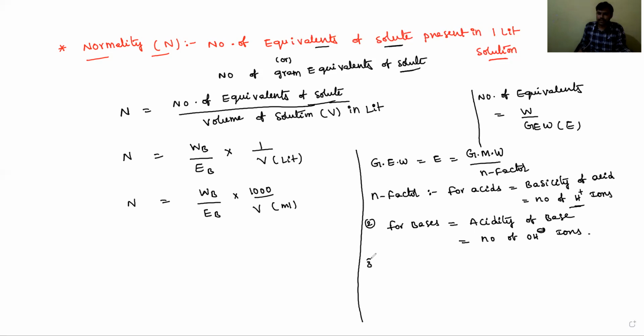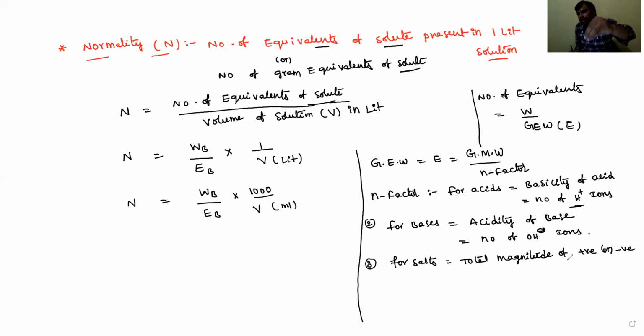Okay, and for salts, the N factor is equal to the total magnitude of positive or negative charge, because the salt contains some units of positive charge, and the same quantity of negative charge is also present.